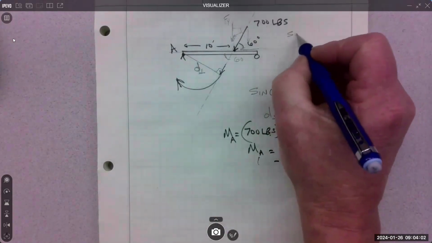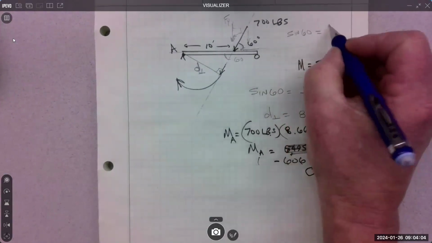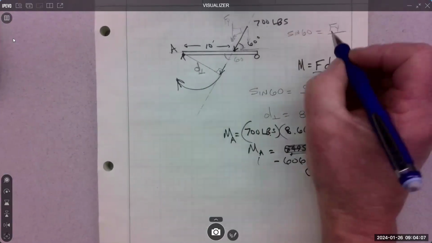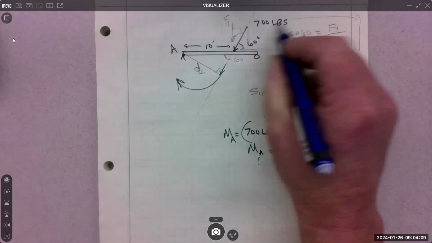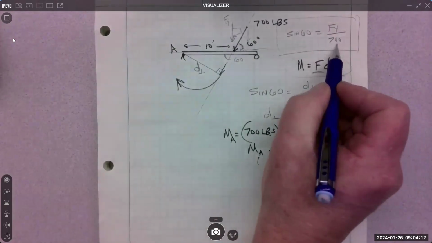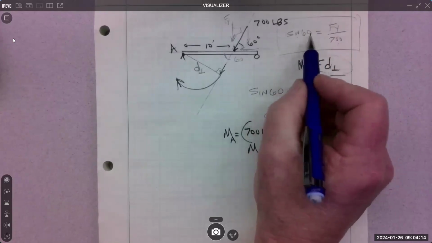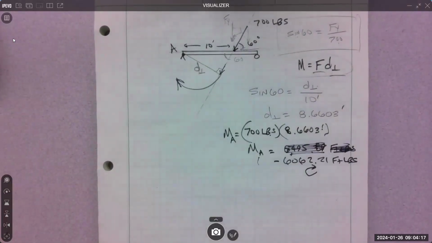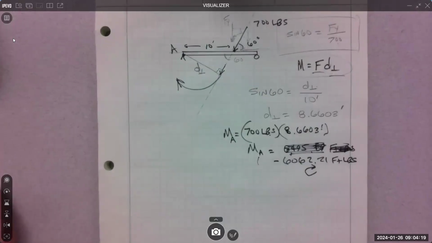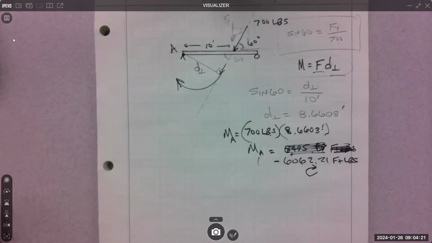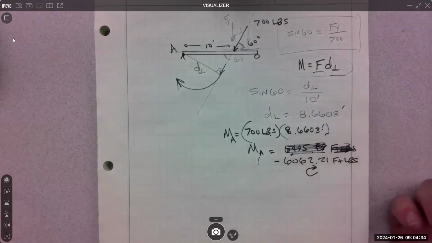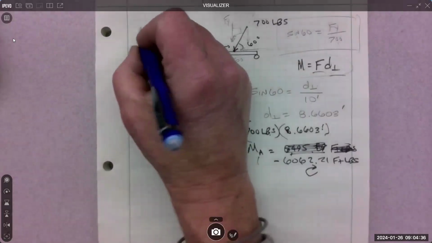So it's going to be sine 60 equals Fy over the hypotenuse 700. Now I'm dealing with forces: 700 pounds, the Y component, and the angle 60. Fy is equal to what?